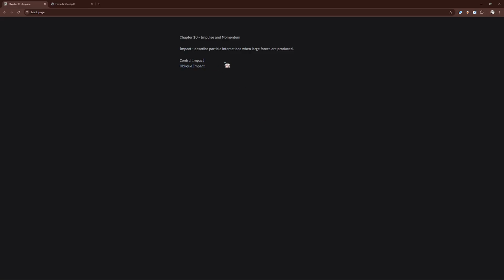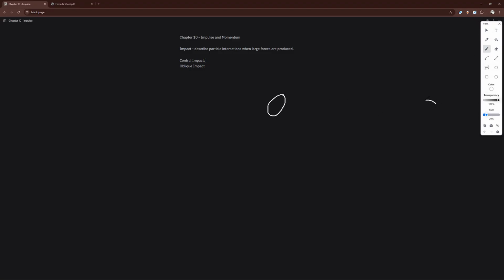A central impact is when the velocities follow the line of impact, right? If we imagine two balls like this, we're going to have a line of impact between them. When the velocities, which are represented by these arrows, are on this line, that is a central impact. So central impact velocities are along the line of impact. And then an oblique impact is when the velocities are angled.